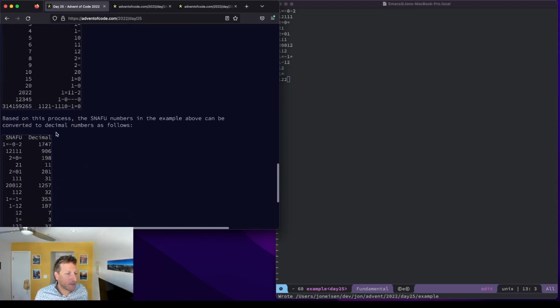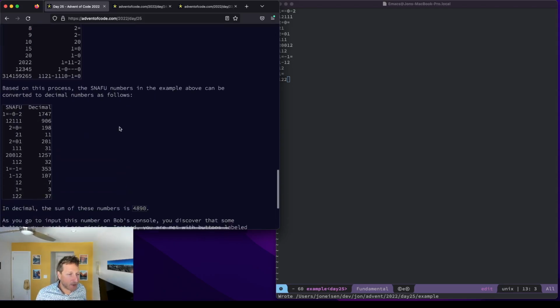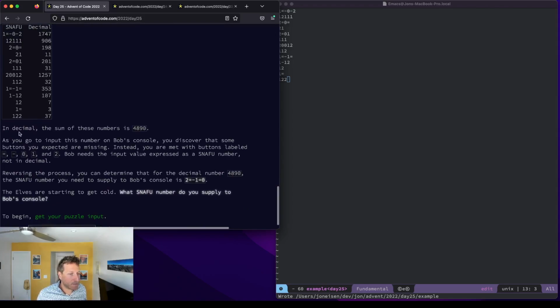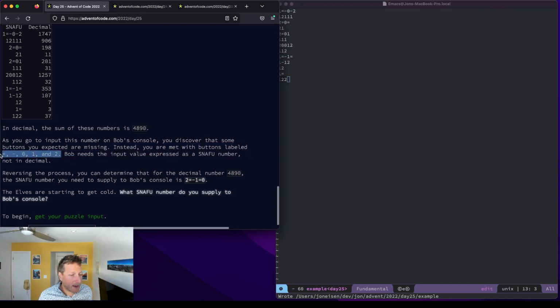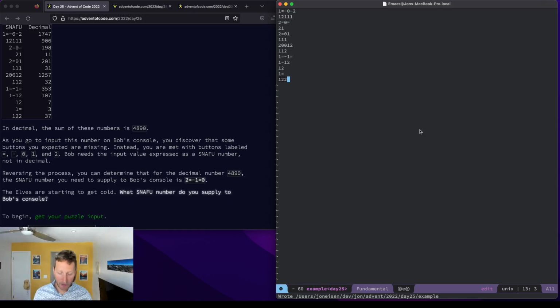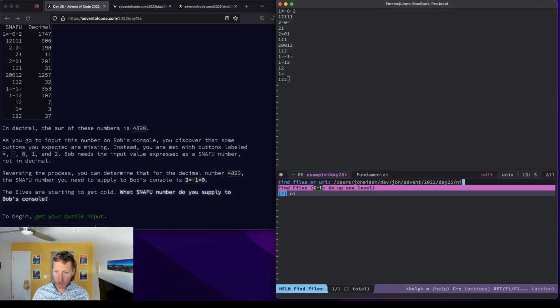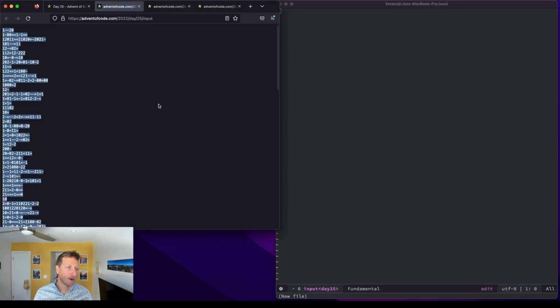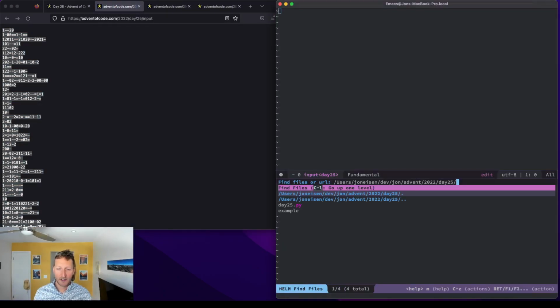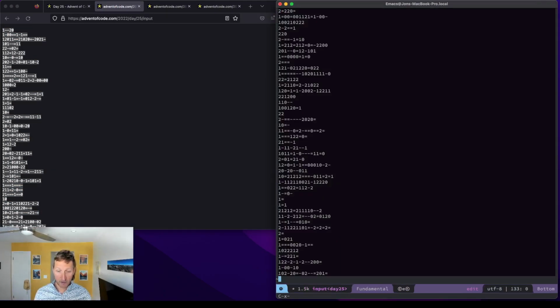Yeah, okay, this is cool. So you have to convert SNAFU numbers to decimal, add them up, and convert back. So let's get our input real quick before we start coding. This should be a nice, fun numerical puzzle to finish it off.